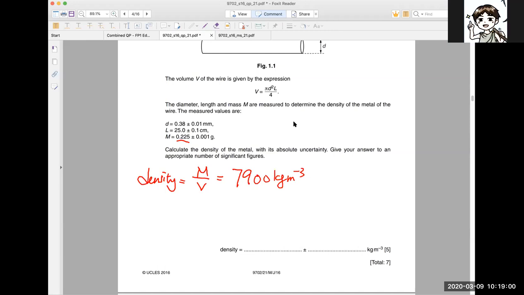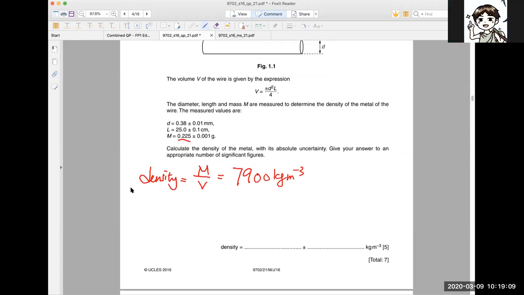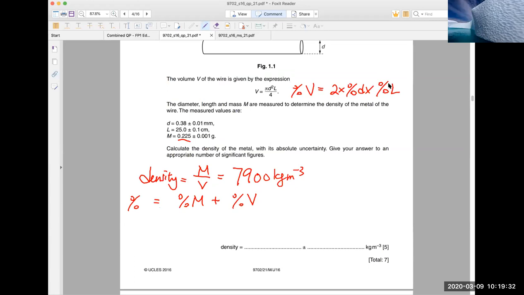So how can you get the uncertainty? You can calculate the percentage uncertainty of each of them. The percentage uncertainty of density is the percentage uncertainty of the mass plus the percentage uncertainty of the volume. And the percentage uncertainty of the volume is 2 times the percentage uncertainty of D plus the percentage uncertainty of L. Isn't it plus for percentage of L?